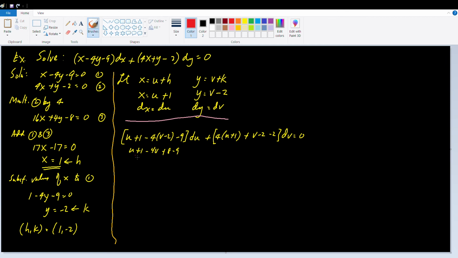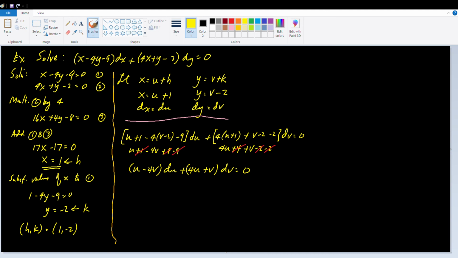Notice that the constants will vanish. Same thing here. We have 4u plus 4 plus v minus 2 minus 2. So the equation simplifies to u minus 4v du plus 4u plus v dv equal to 0.